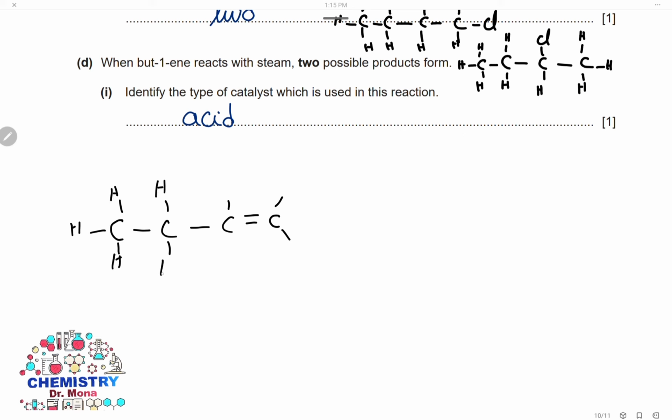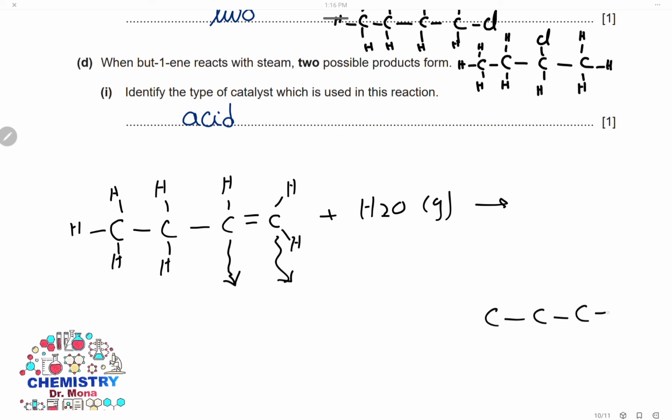So when but-1-ene reacts with steam, we will have water added across the double bond. And we can have two possible products. If the OH is added on this carbon, we will have butan-1-ol. And if the OH is added on this carbon, we will have butan-2-ol. So these are the two possible products formed.